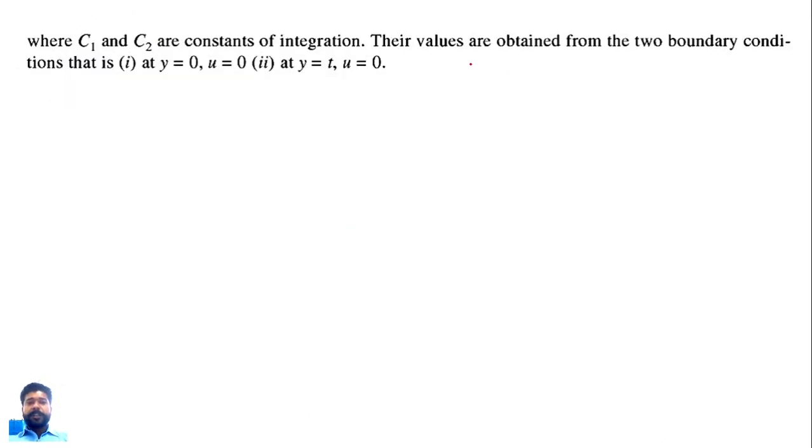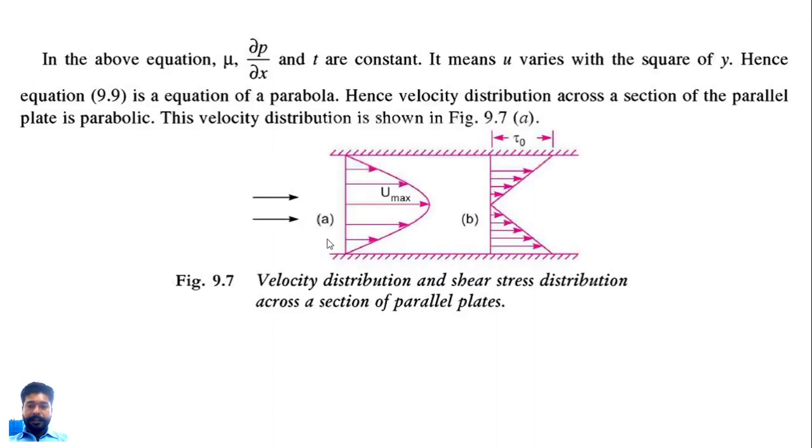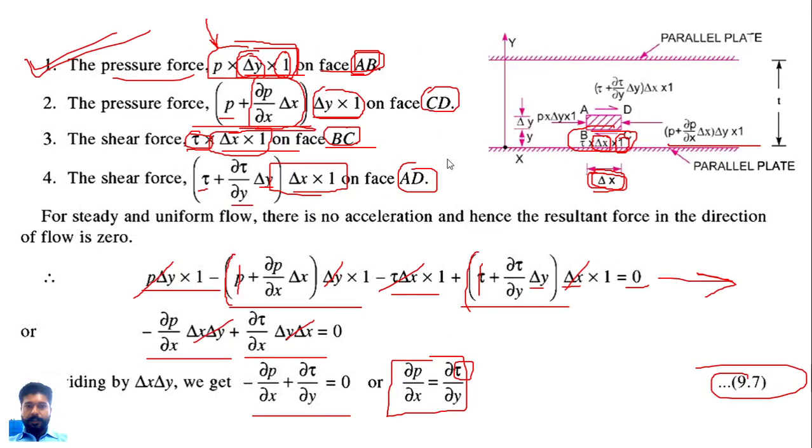So now let us get the value of the constants by applying the boundary conditions. The first boundary condition is that when y equals 0, at that time u equals 0.